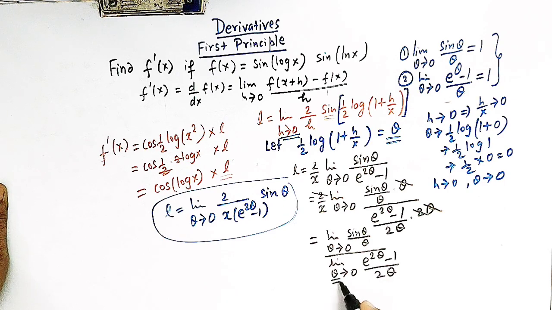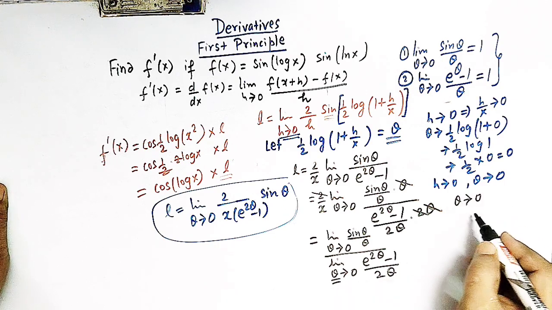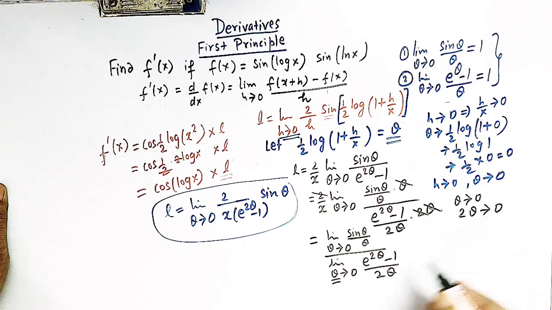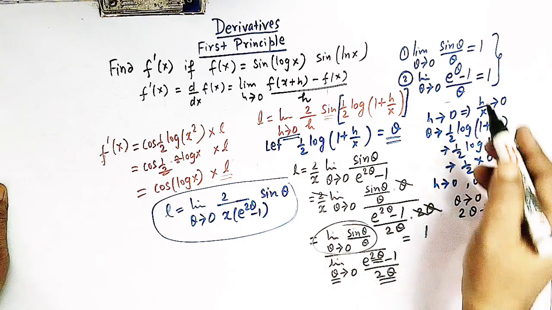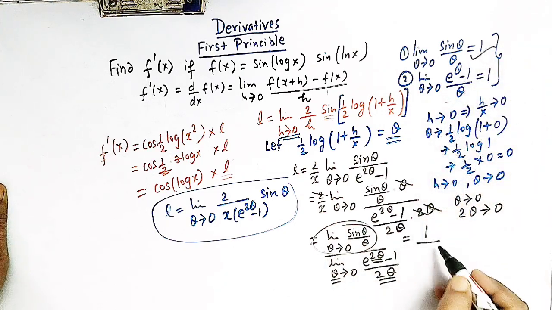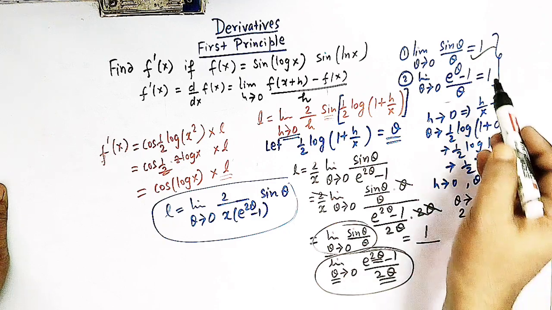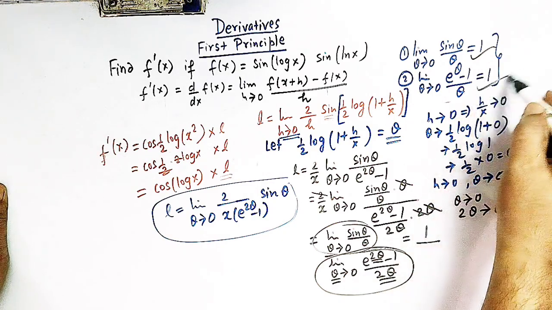So when theta tends to 0, then 2 theta also tends to 0, right? Here we have 2 theta. So now this limit is equal to 1 due to this result, and this limit is also equal to 1 due to this result.